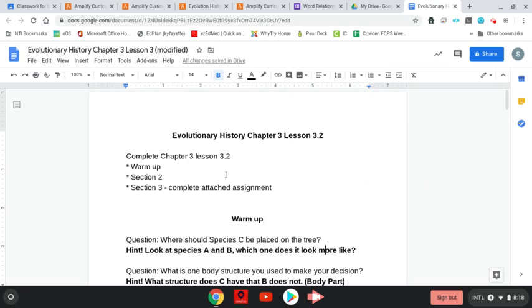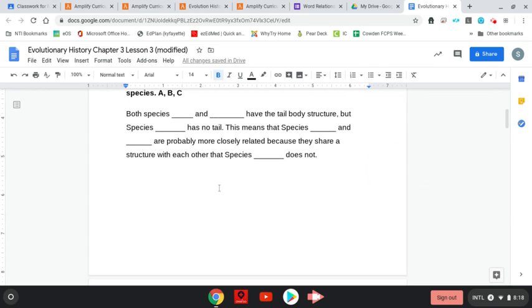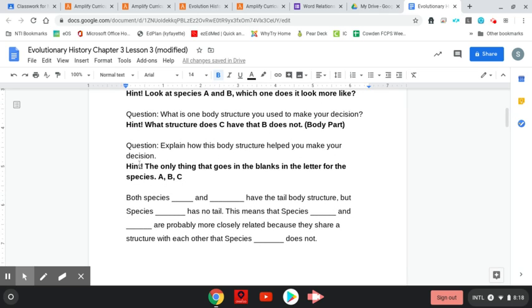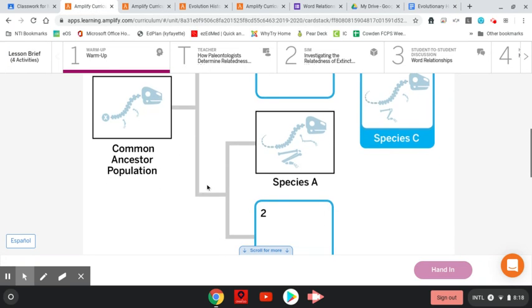I have made a Google Doc, or made a PDF, where I've got a fill in the blank where you can even put in the letters of the species to help you make an effective response for this question. And I have put hints in bold for you. And that's all for the warm-up.